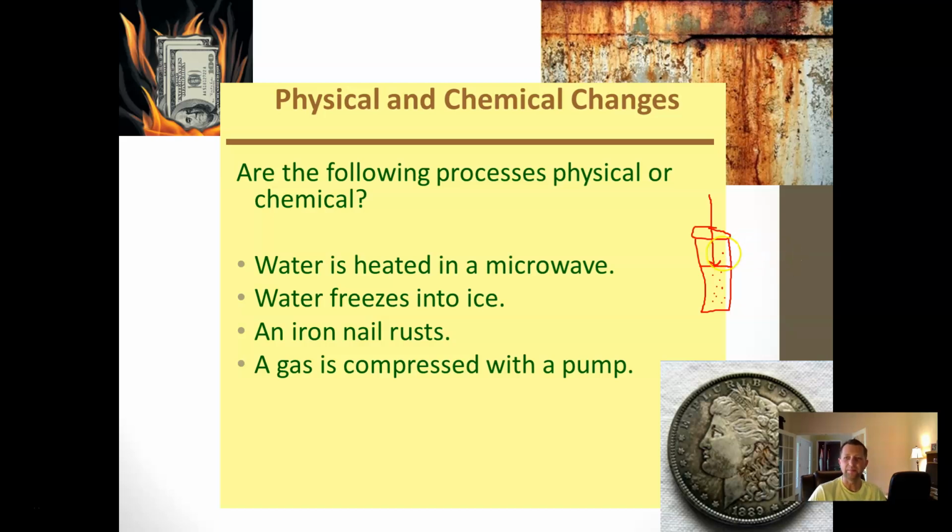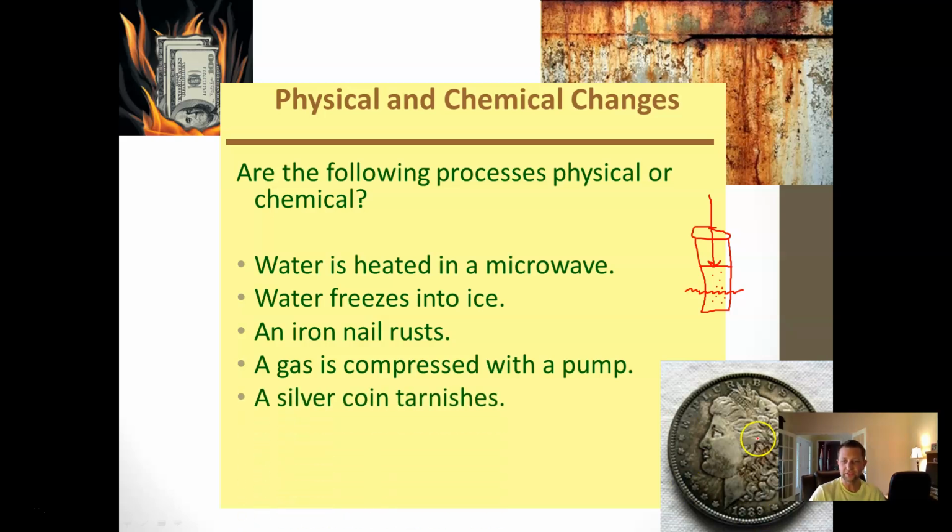And you push down on that gas, and instead of taking up this much space, maybe that plunger gets pushed down to right there. You know what I mean? And now all these particles are in that location. Well, you're not changing what gas that is. If it's oxygen or nitrogen or helium, it's still oxygen or nitrogen or helium. So since there's no change in what that gas actually is, the identity is the same. So you're talking about a physical change there. You're just changing the volume.